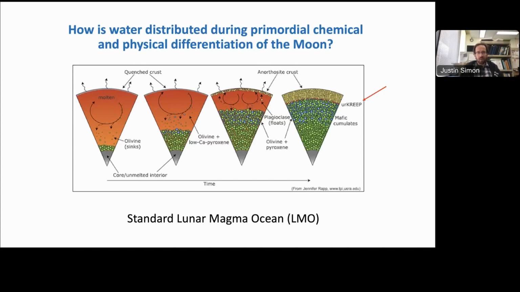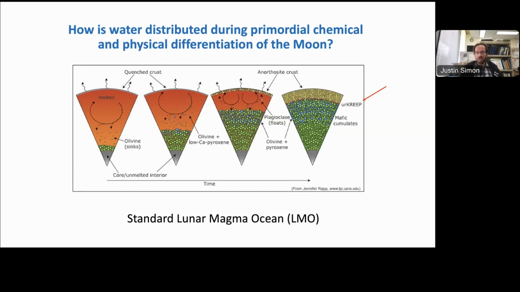Basically it shows you have a quenched crust, but primarily you're a molten body, and then you begin to crystallize these mafic minerals, and the incompatible elements, including volatiles, are being concentrated through time as you move to the right. Eventually you start forming plagioclase after about 80% crystallization. Those actually float. It's a pretty dense melt.